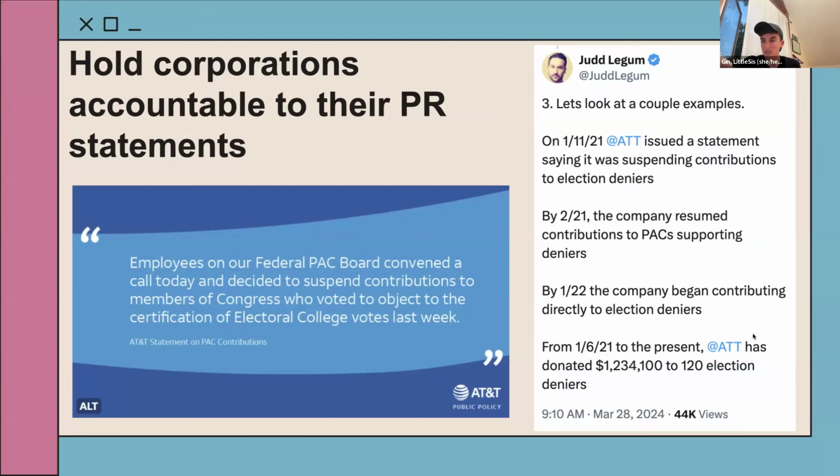Well, researchers using campaign finance data were able to go in and check and just make sure: you put out this statement, are you actually doing it? And this researcher, Judd, who is really great at bird-dogging corporate accountability in this way, found that AT&T, and this is just one capture of a tweet, a long thread of tweets, that many of these corporations just basically immediately started supporting these election deniers anyway.